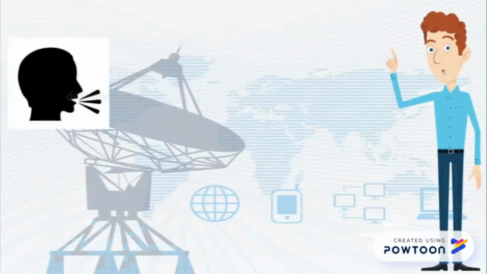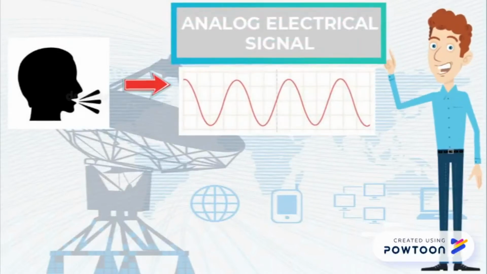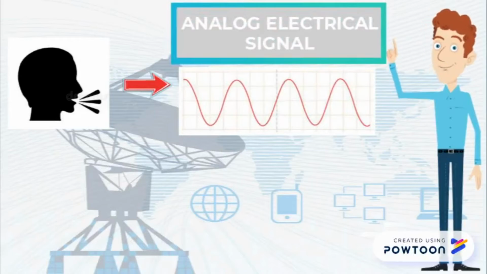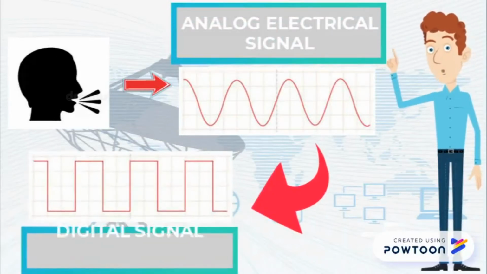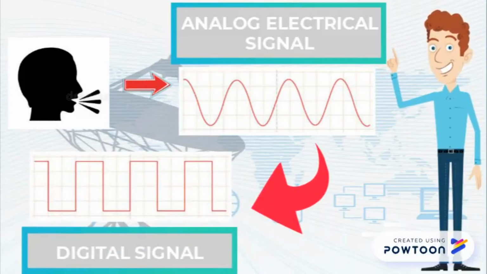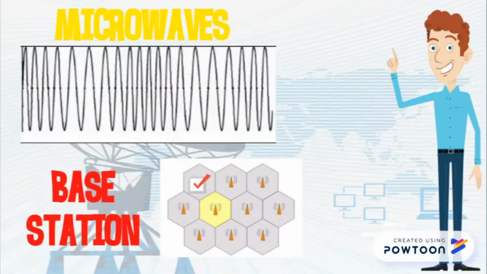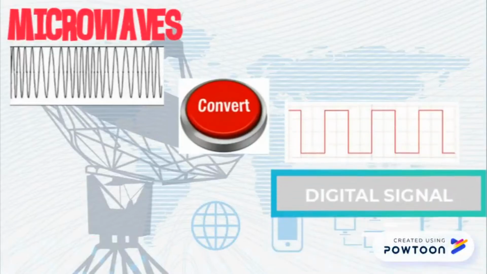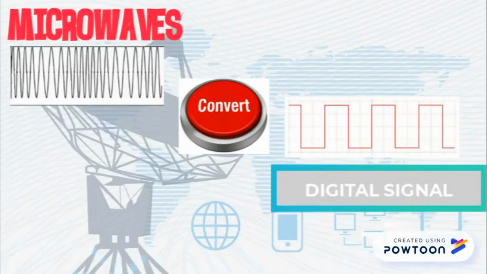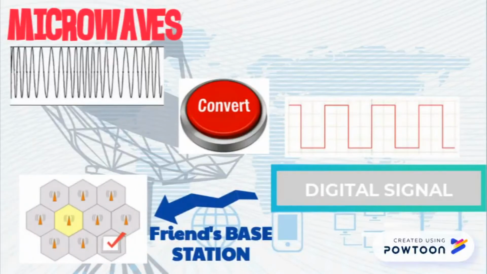When you speak, your voice is converted into an analog electrical signal by a microphone in your handset. This is then turned into a digital signal. The digital version of your voice is then sent using microwaves to your nearest base station. The microwave signal is converted back to a digital electrical signal and sent through the computer to your friend's nearest base station.